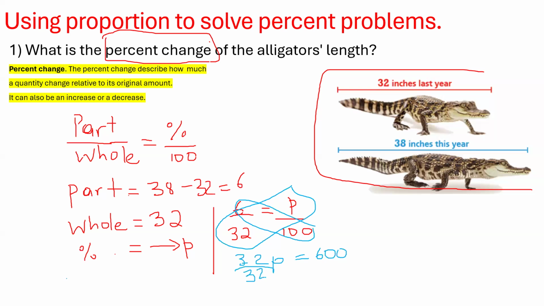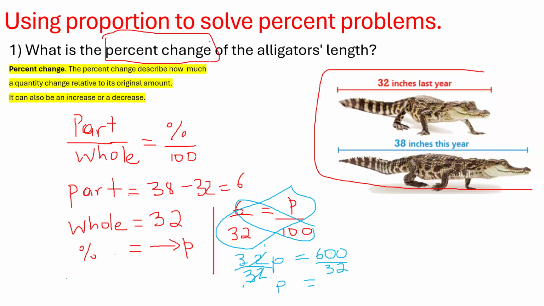You divide by 32. And if I divide my left-hand side by 32, I need to also divide my right-hand side by 32. So the 32 cancels the 32 in the denominator. 32 into itself goes 1, so here we just have 1P or P.